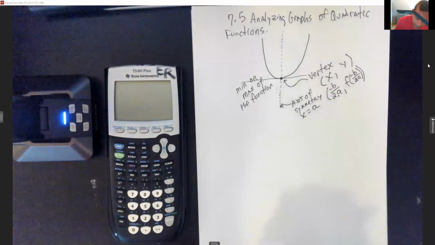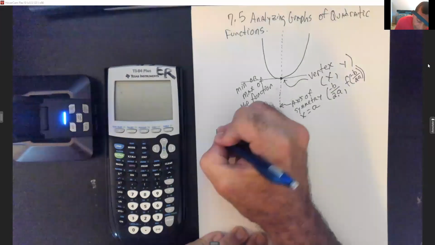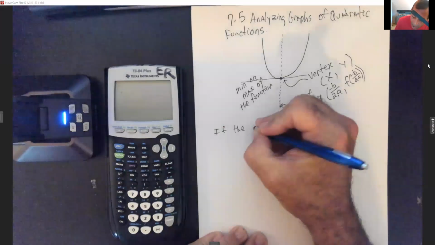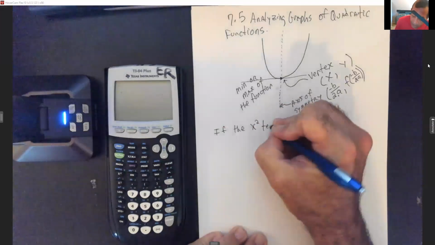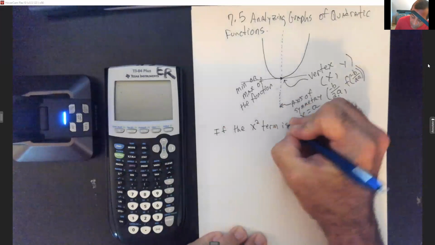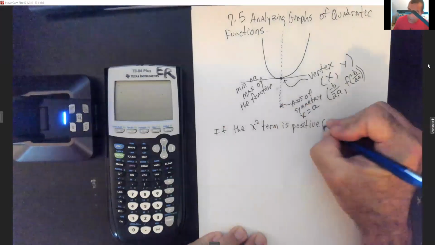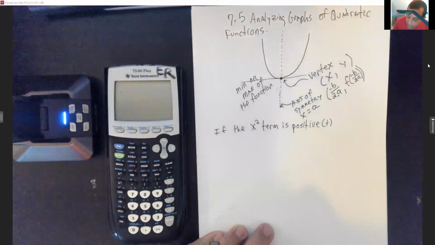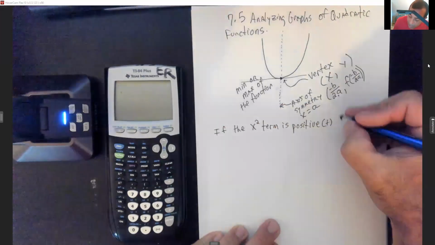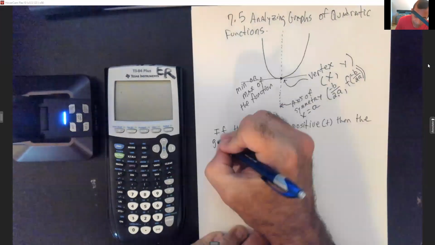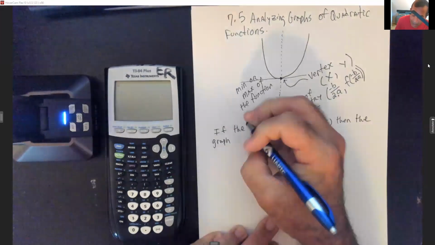So if the x squared term is positive, then the graph has a minimum.